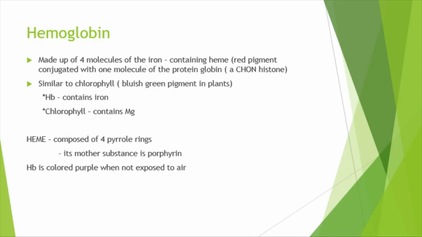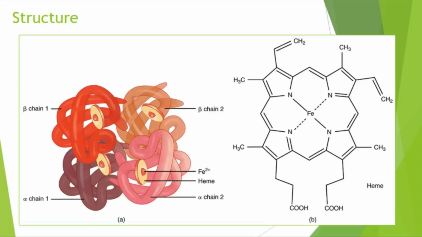Hemoglobin contains iron, while your chlorophyll contains magnesium. Heme is composed of four pyrrole rings, and its mother substance is porphyrin. Hemoglobin is colored purple when not exposed to air. Okay, so the color of your blood is purple when not exposed to air.